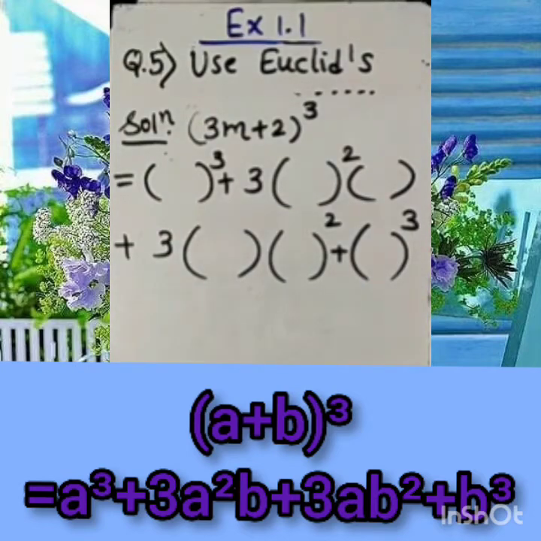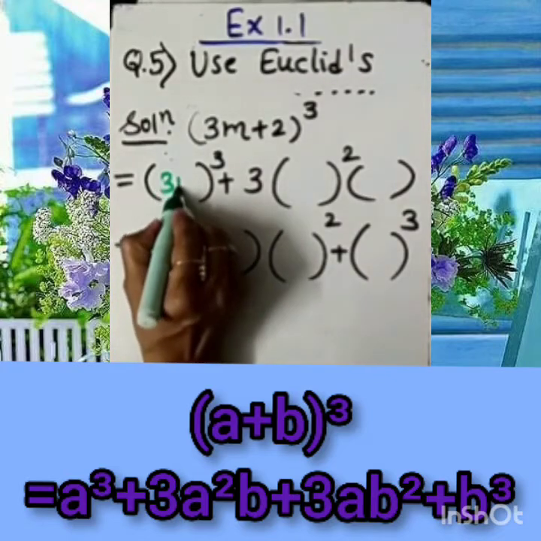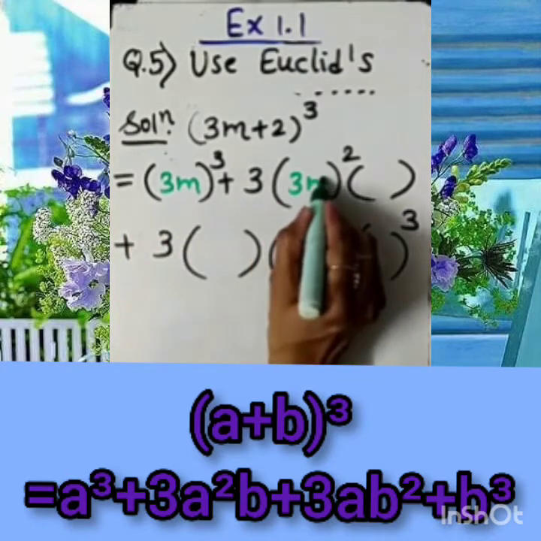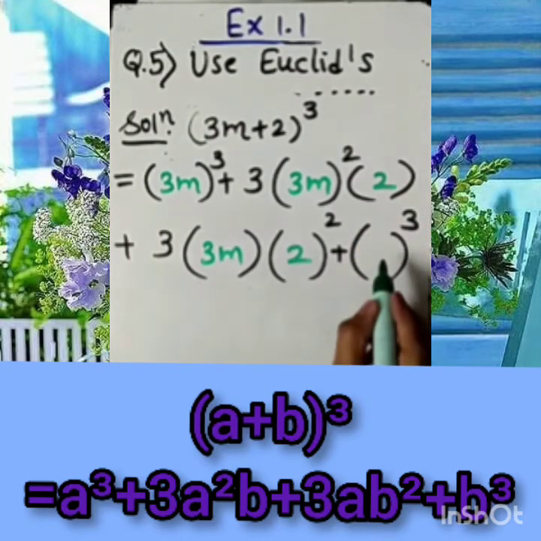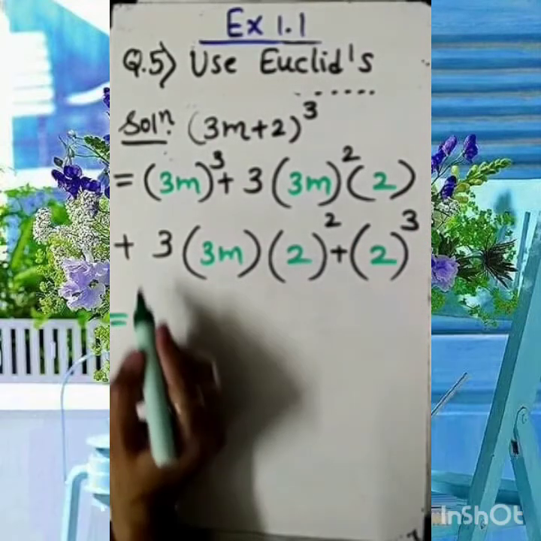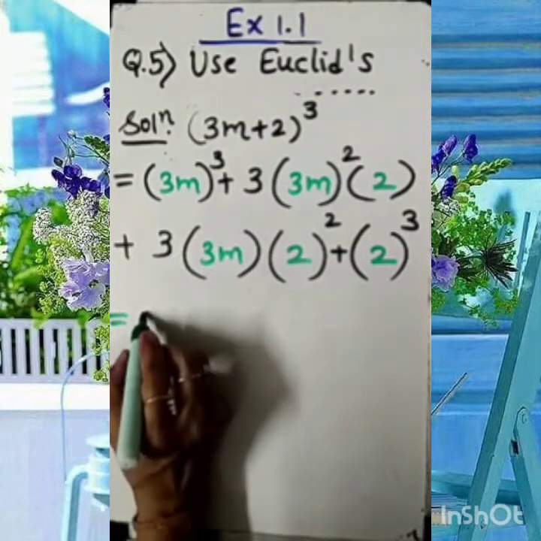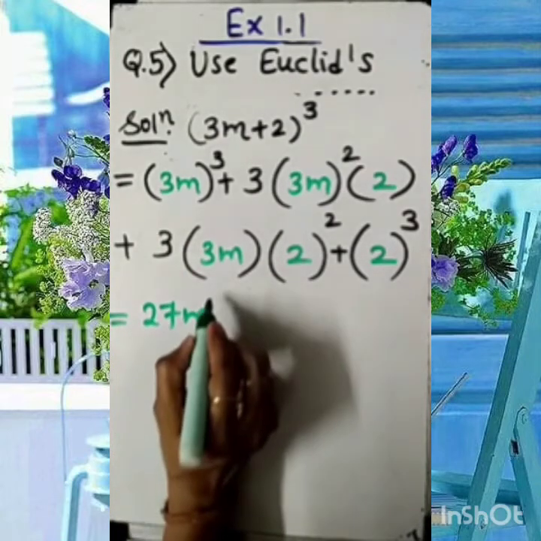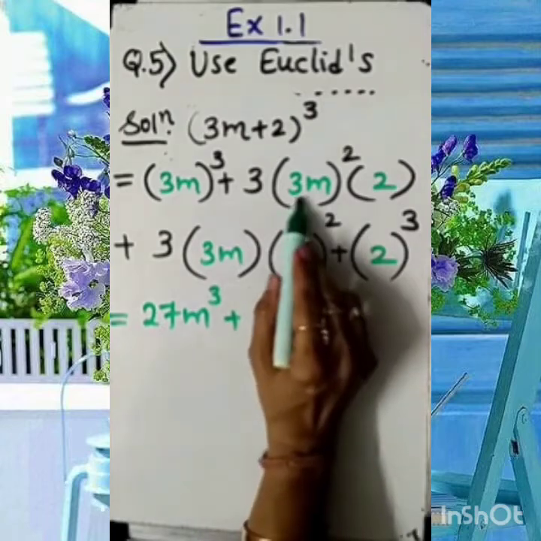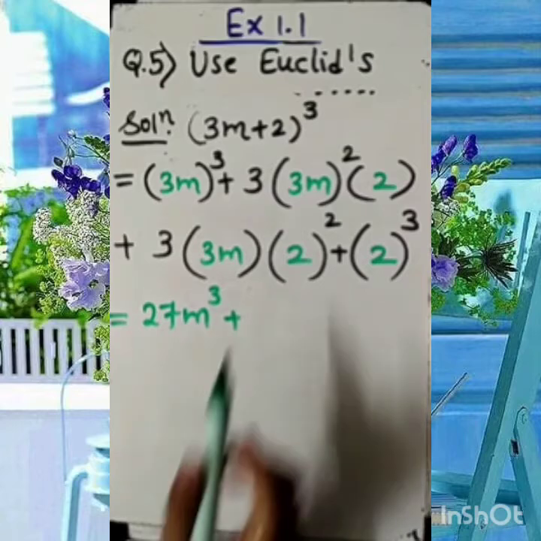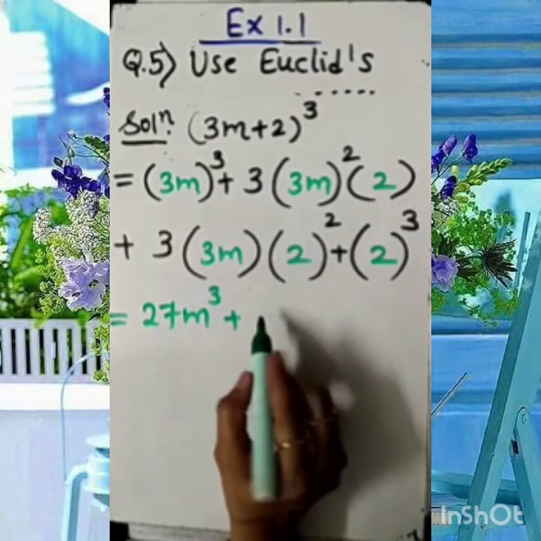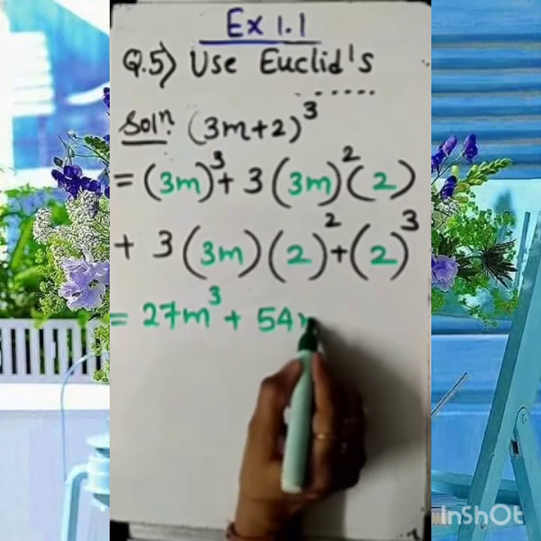Now in that the value of a is 3m and the value of b is 2. Clear? If I simplify it, I will have 27m cube plus, as you know, 3m whole square is 9m square, 9 into 3 into 2, it is 54m square.